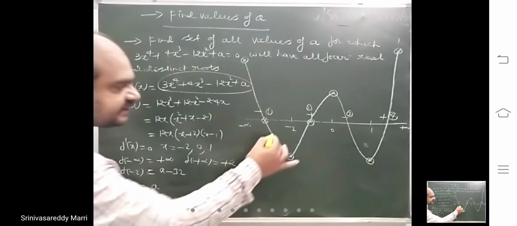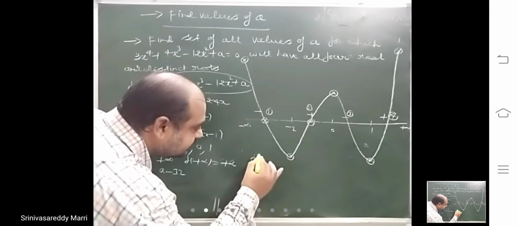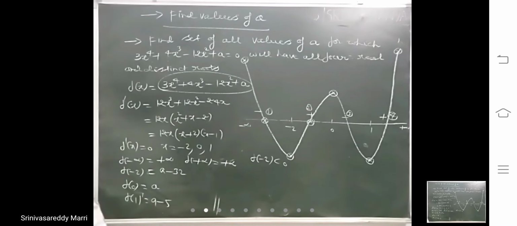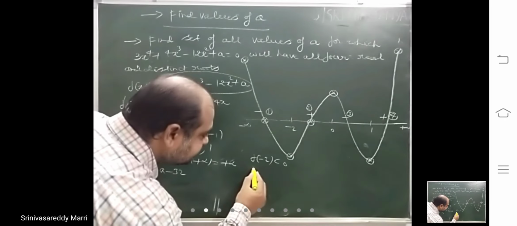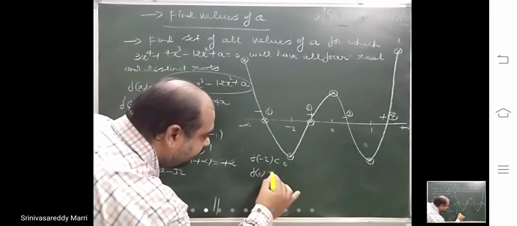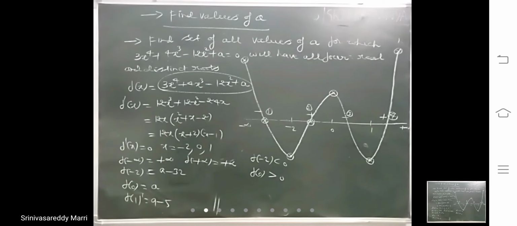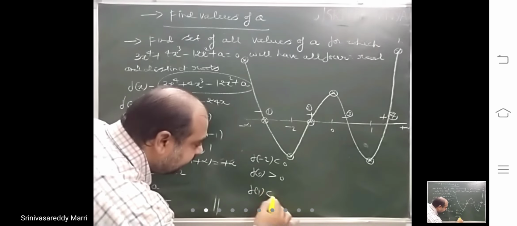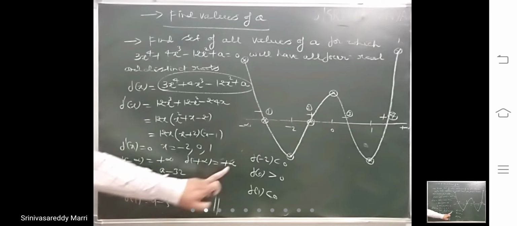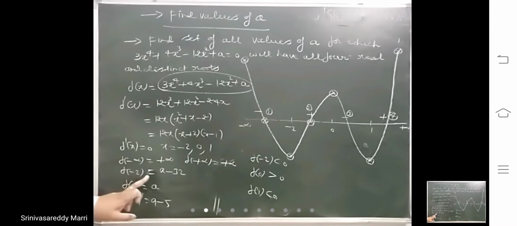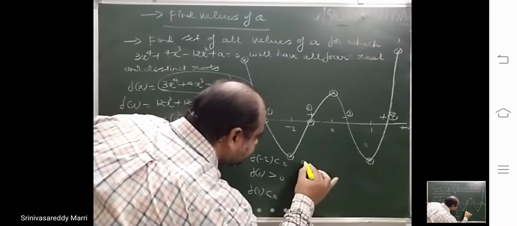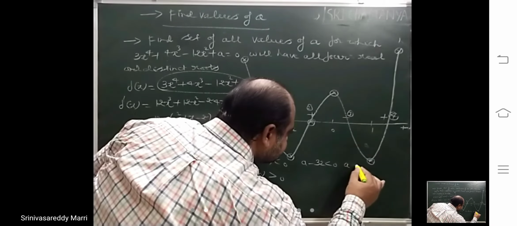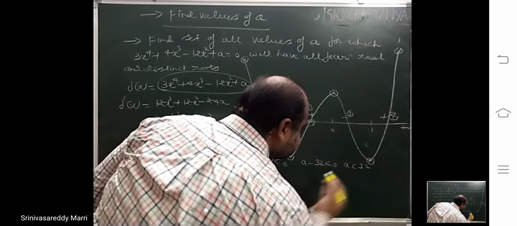That means what can you say here? f of minus 2 less than 0. Next, f of 0 positive, and f of 1 negative. So first one, f of minus 2 less than 0. You write the conditions. A minus 32 less than 0, A less than 32.